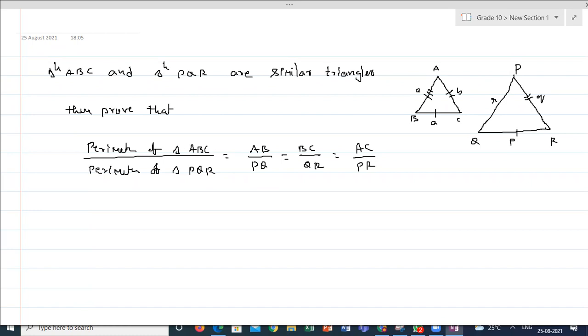Anyone can do it? Then this we are going to use as the formula: the ratio of two similar triangles is equal to the ratio of their corresponding sides. That's what we are trying to prove here.